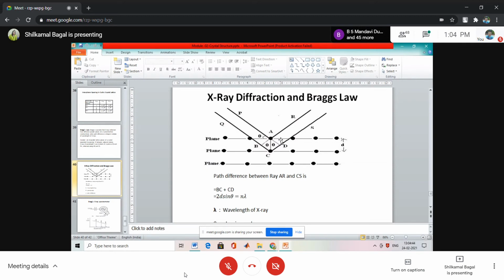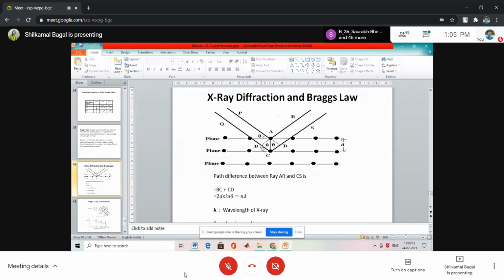Remember that: this is not the angle of diffraction. The second ray is also parallel to the first one, so it is also incident with the same angle. By geometry of the diagram, the angles BAC and DAC are the same, and it is theta.